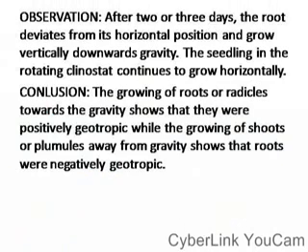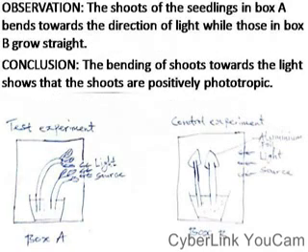Now, let us look at the observation and conclusion of phototropism. In the observation, the shoots of the seedlings in box A bend toward the direction of light, while those in box B grow straight.